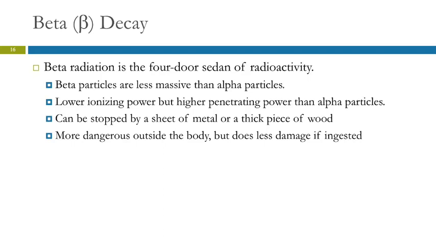So it could be stopped with a sheet of metal, a thick piece of wood, but your shirt or a piece of paper isn't going to stop it. It's just going to go straight through. So beta decay is more dangerous outside your body because it can easily get into your body. But it does less damage once it gets in because it doesn't have as much ionizing power as alpha decay.